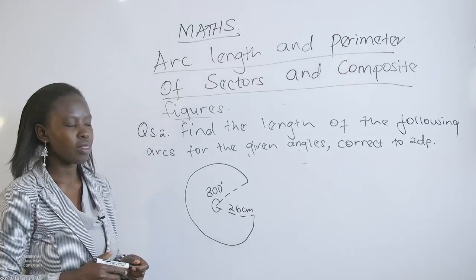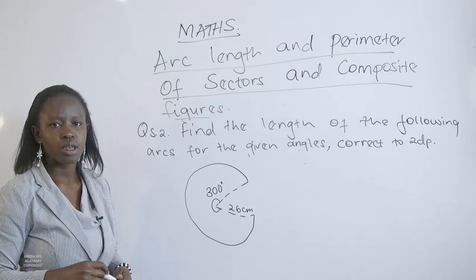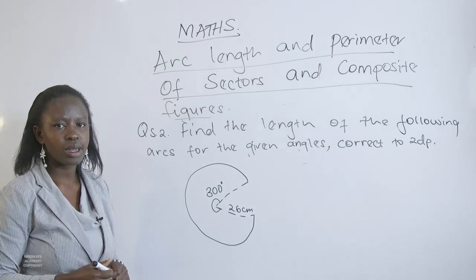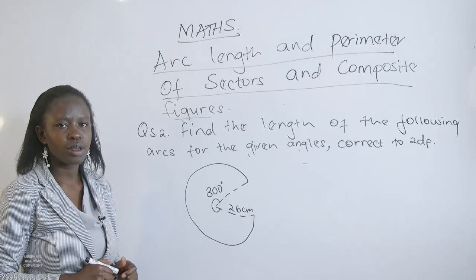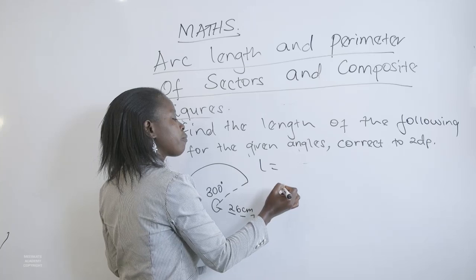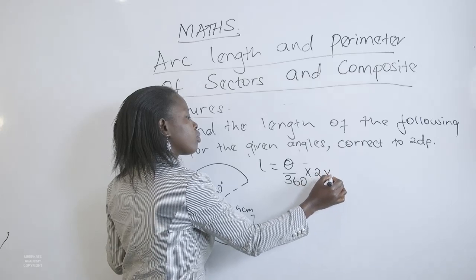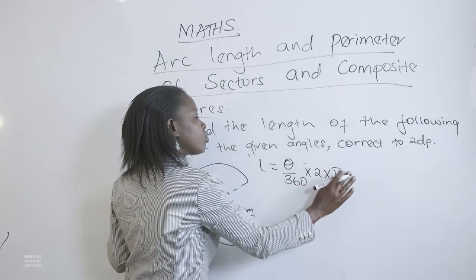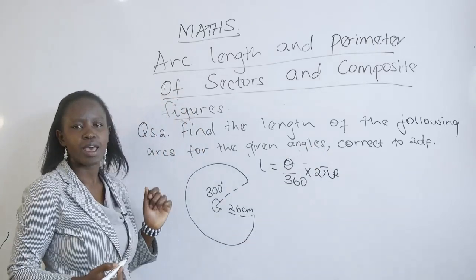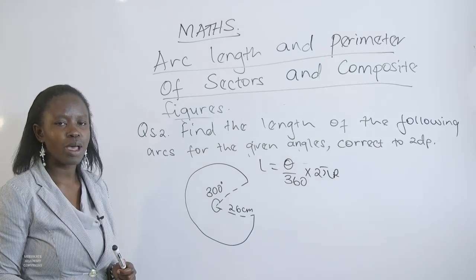So we have another arc that is subtending an angle of 300 degrees at the center of the circle, and we need to calculate the length of that given arc. So that means our length of the arc is obtained by theta over 360 times 2 pi r.